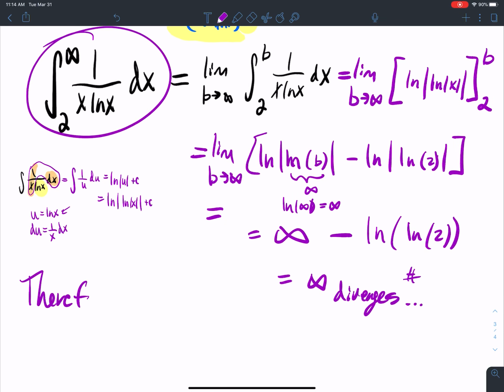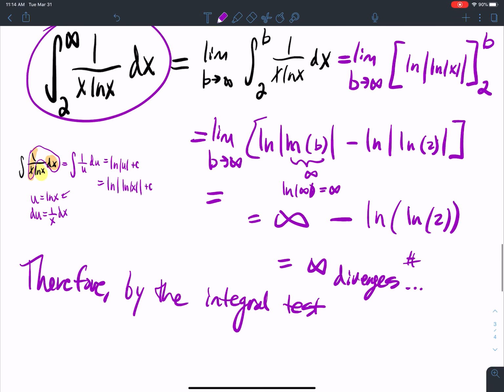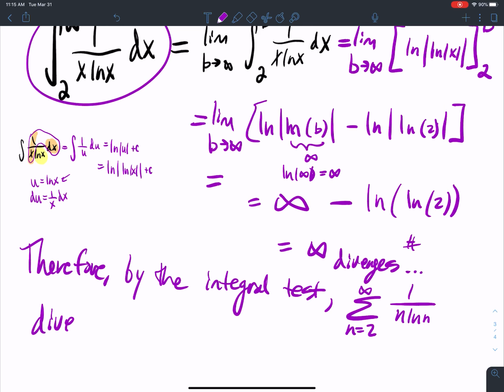Therefore, by the integral test, the series n equals 2 to infinity of 1 over n ln n diverges since the integral from 2 to infinity of 1 over x ln x dx diverges.